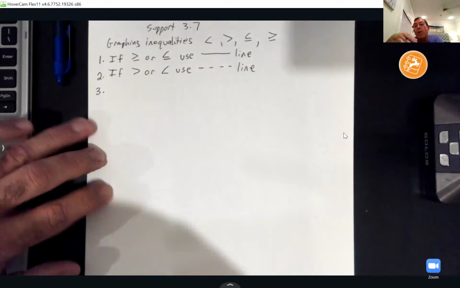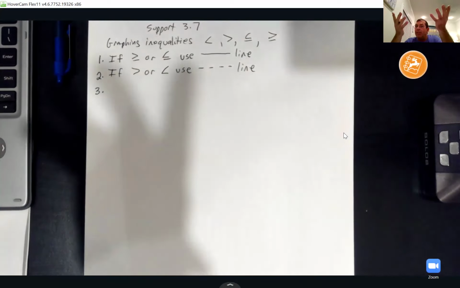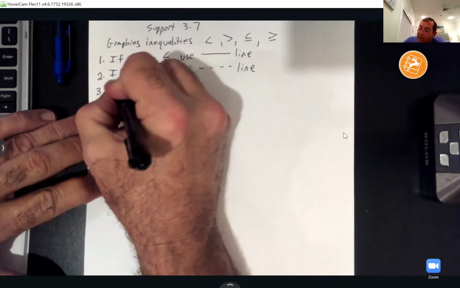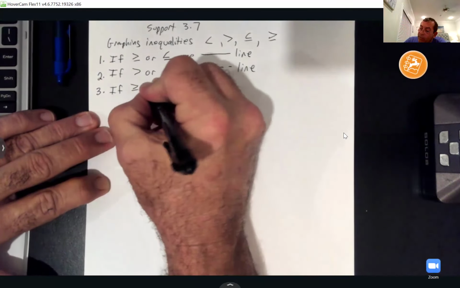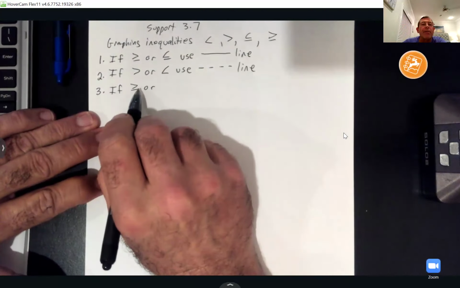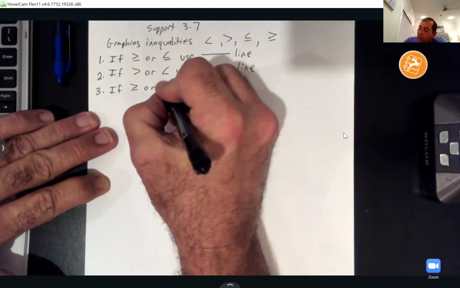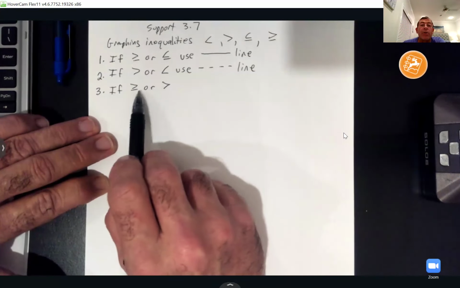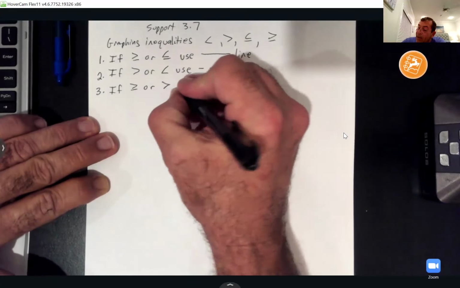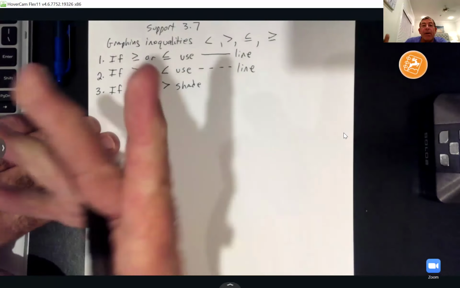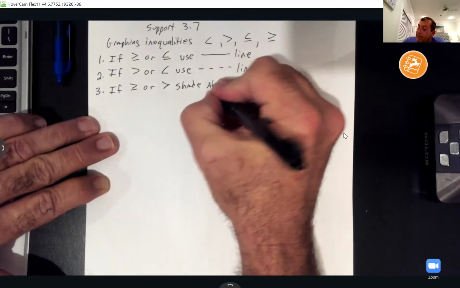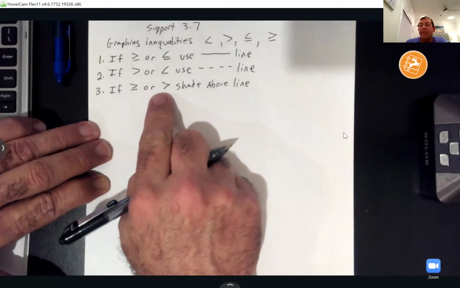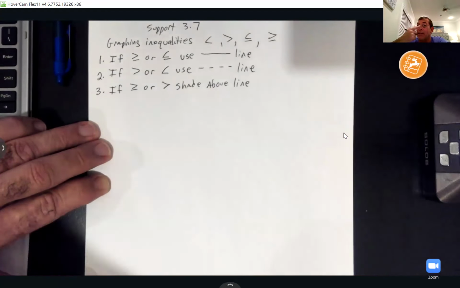Now we got to figure out, where do we shade? We either shade above the line or we're going to shade below the line. So if it's greater than and equal or greater than, no matter if it's equal or not, but if it's greater than, we're going to shade above the line. Okay? Because remember, greater than and stuff like that, you can get more than one answer that makes these true.